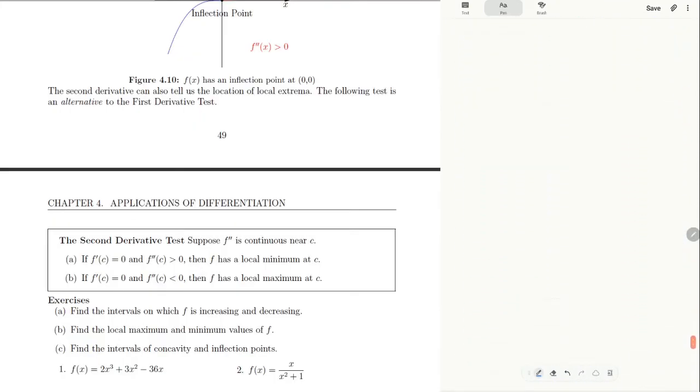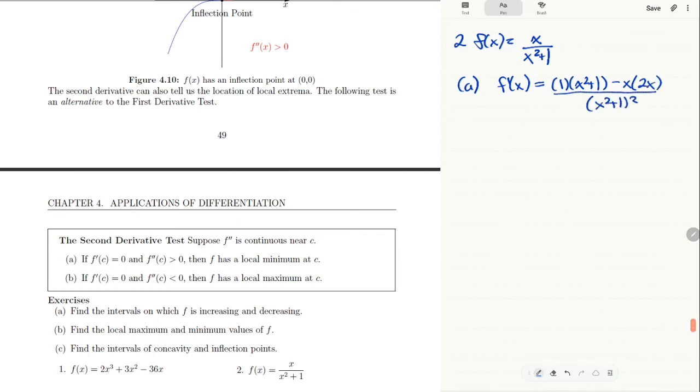So let's have a look at another example. So suppose our function was x over x squared plus 1. So let's look for the intervals of increasing and decreasing. So we need the first derivative. So using the quotient rule, we have 1 times x squared plus 1 minus x times 2x all over x squared plus 1 squared.